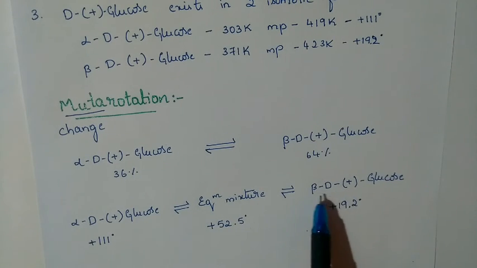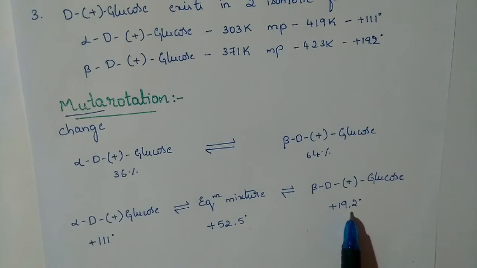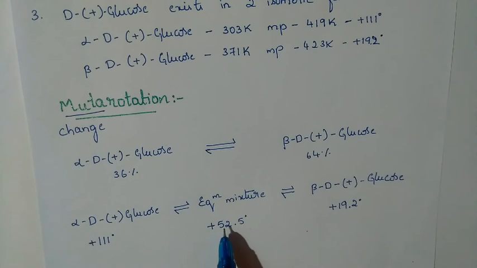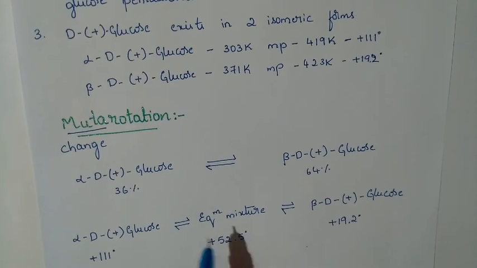If you take beta D, earlier it was plus 19.2, but at the equilibrium mixture there is an increase. All are plus, which means all show dextrorotation, that is, rotation towards the right side.